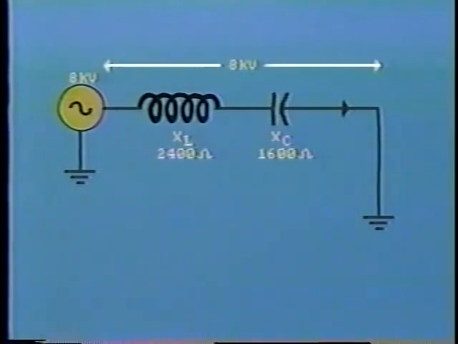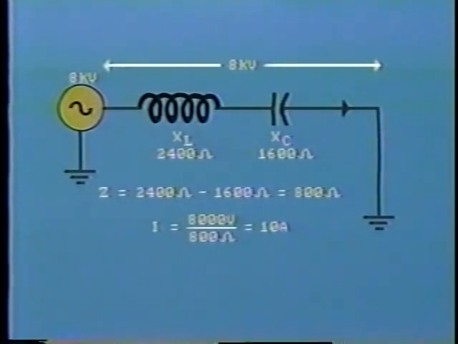The resistance of this particular circuit is negligible. Therefore, the total impedance of the circuit is 2,400 minus 1,600 equals 800 ohms. Remember that capacitance and inductance have opposing effects. So the value of current through the circuit is equal to 8,000 volts divided by 800 ohms equals 10 amps.